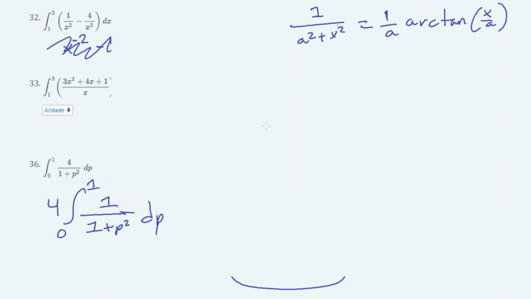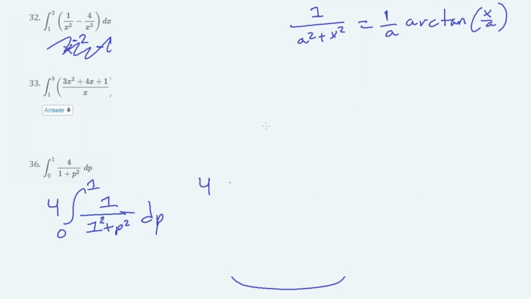And we have a squared plus x squared on the bottom, which would be depicted in this case by 1. But 1 squared and 1 are the same number. They're both equal to 1. So we have 1 squared and p squared, which is x squared here. So we can use the arctan here to find the integral.